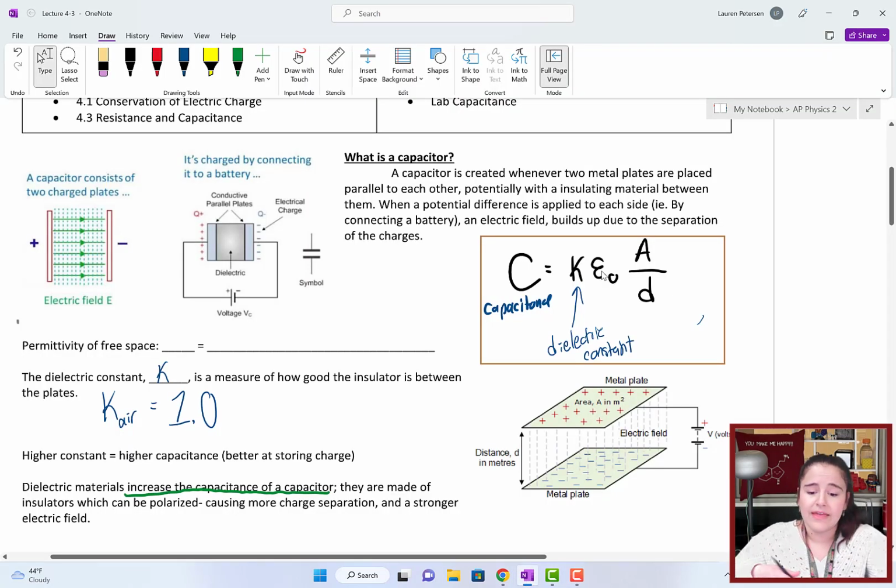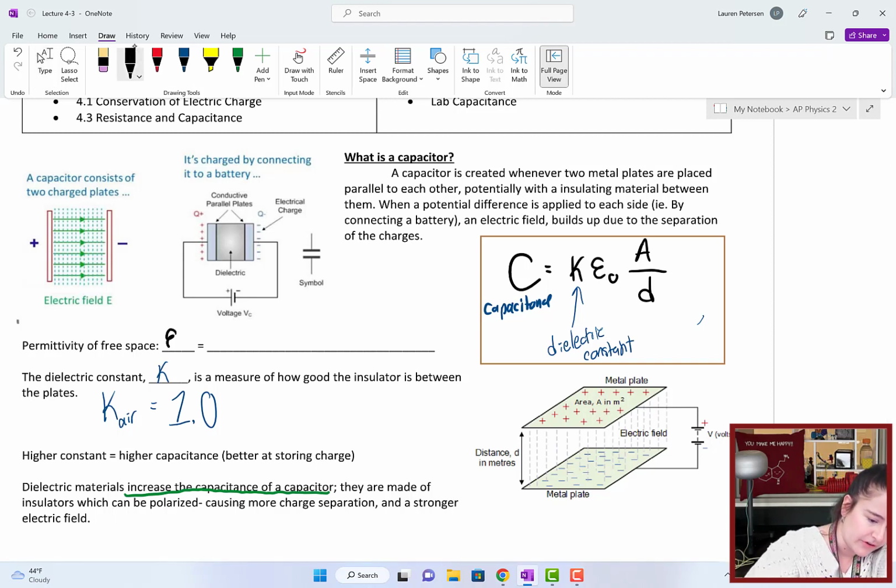And then epsilon naught is the permittivity of free space. Now, this is one of the constants on your AP Physics 2 reference sheet. It's called Coulomb's law constant, or epsilon naught, permittivity of free space, and it has a value of 8.85 times 10 to the negative 12 coulomb squared per newton meter squared.